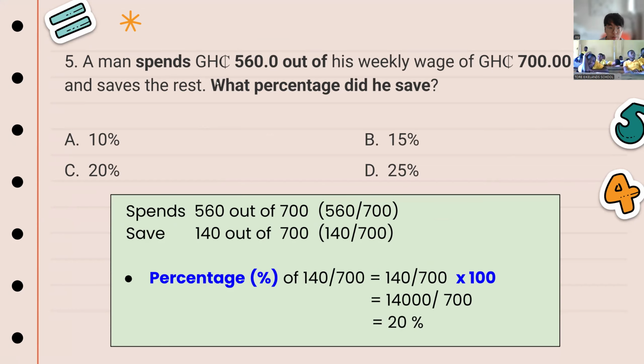A man spends 560 Ghana cedis out of his weekly wage of 700 Ghana cedis and saves the rest. What percentage did he save? I think it's about calculating the percentage.